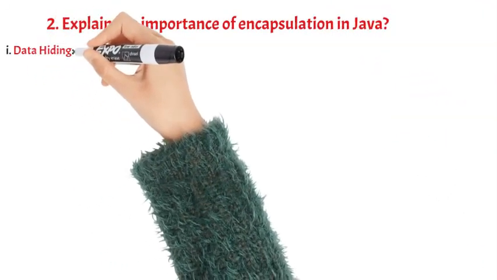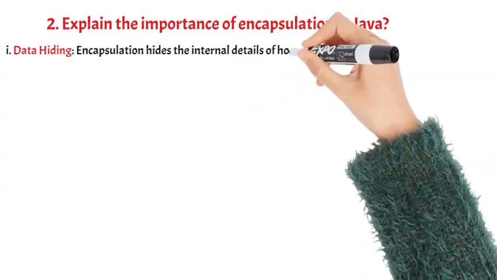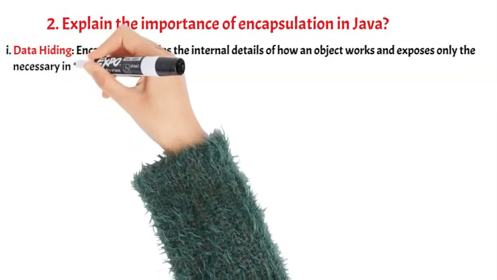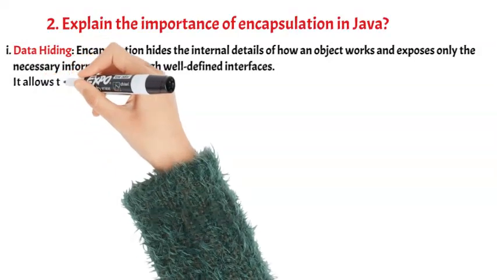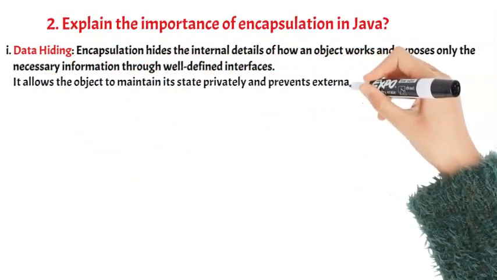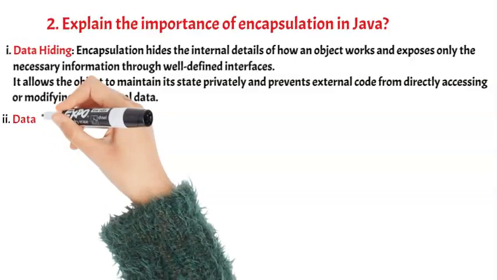2. Explain the importance of encapsulation in Java. 1. Data hiding. Encapsulation hides the internal details of how an object works and exposes only the necessary information through a well-defined interface. It allows the object to maintain its state privately and prevents external code from directly accessing or modifying the internal data. 2.